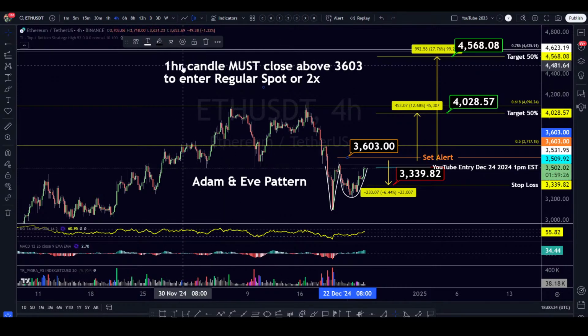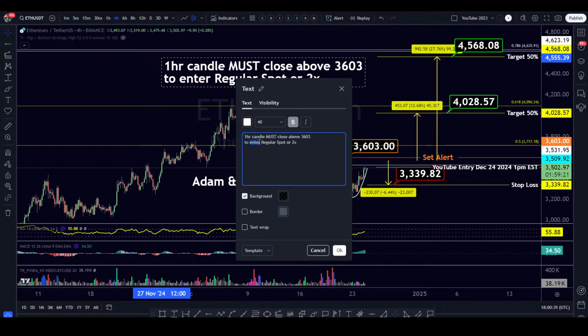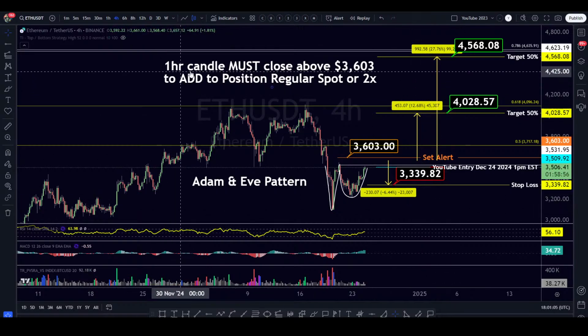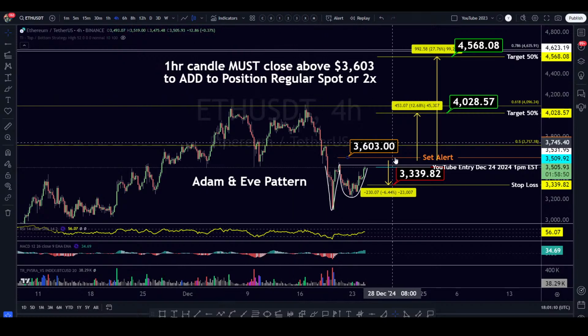You first see that a 1 hour candle must close above to add to position. Perfect. Make it a little fancy. Okay, so how does that look? 1 hour candle must close above 3603 to add to position, regular spot, or 2x.